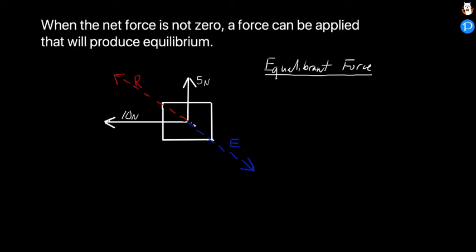This force E here has to be equal to R and opposite in direction in order to keep it at equilibrium. So this force E here has to be, we'll say, equal in magnitude to R, but opposite in direction.